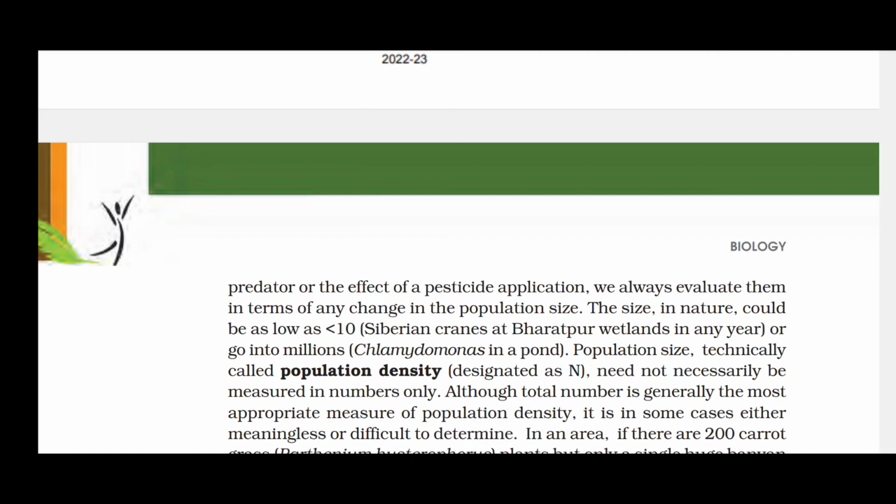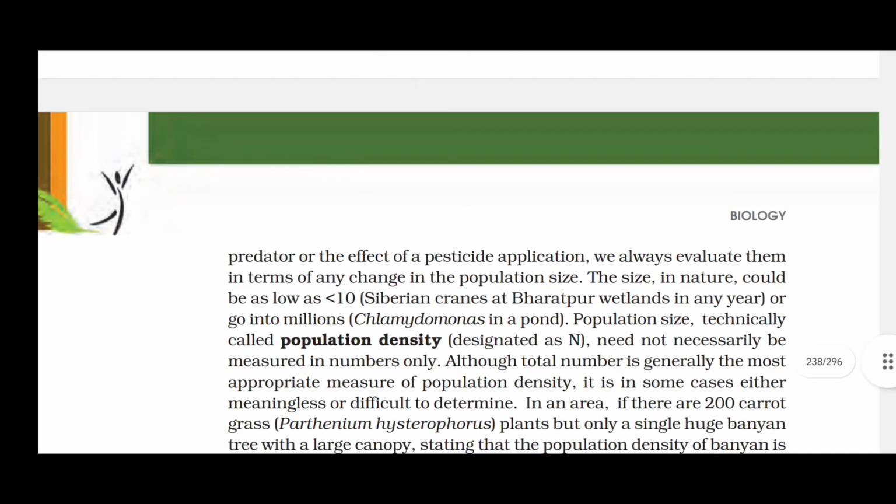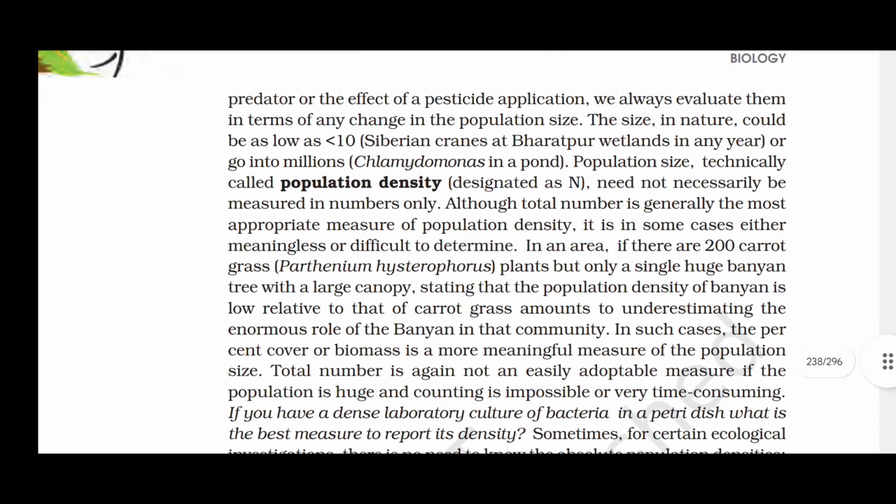The size in nature could be as low as less than 10 Siberian cranes at Bharatpur wetland in any year, or go into millions of Chlamydomonas in a pond. Population size, technically called population density, designated as capital N, need not necessarily be measured in numbers only.